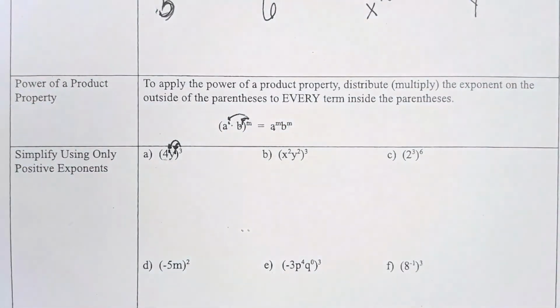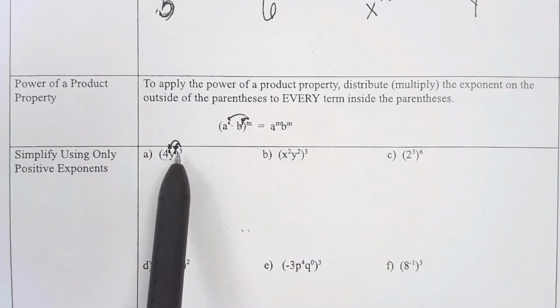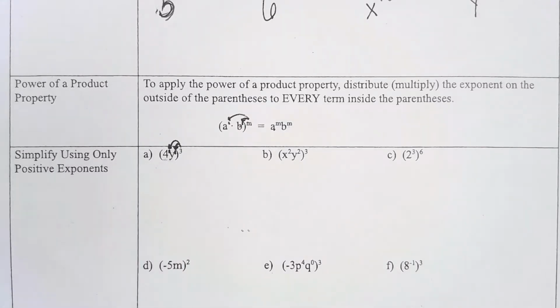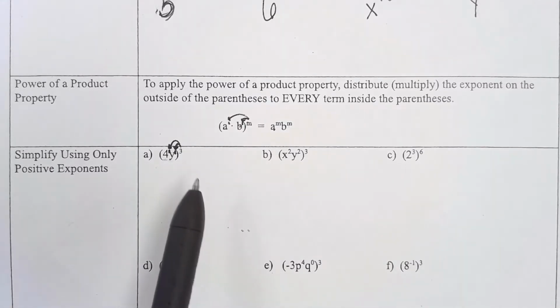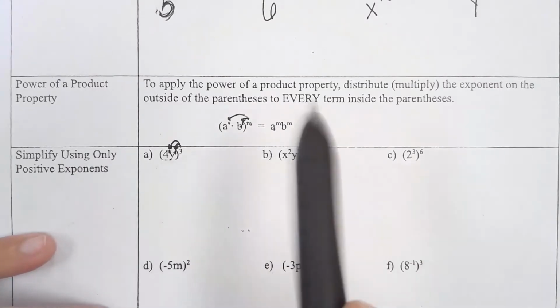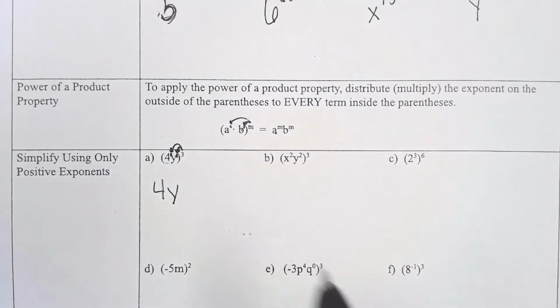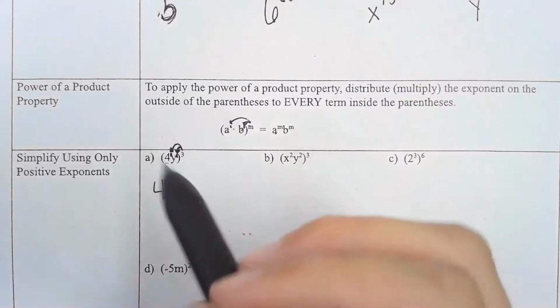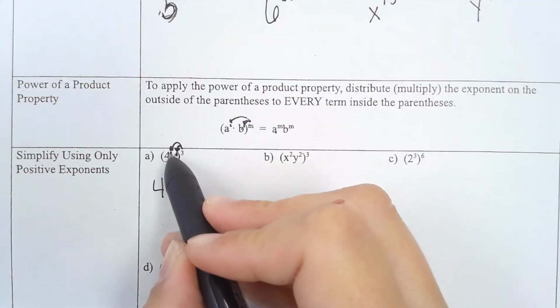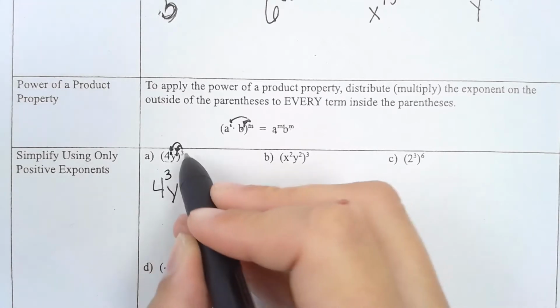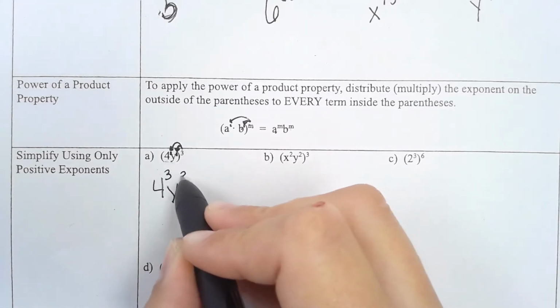If your term does not have an exponent, just put a 1 as its exponent so that you know what you're multiplying by when you do your distributive property. Your bases are still 4 and y, so you keep 4 and y in your answer, and then you multiply your exponents. 3 times 1 is 3, and 3 times 1 is 3.